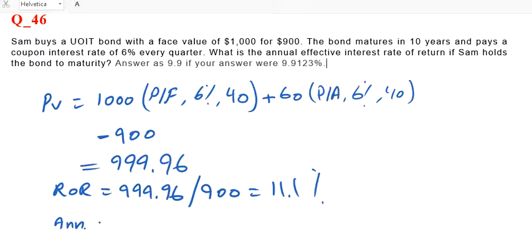Annual ROR equal to 11.1% over 10 years is 1.11%.